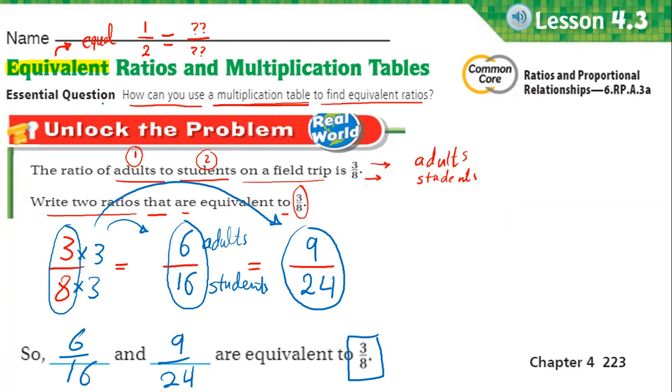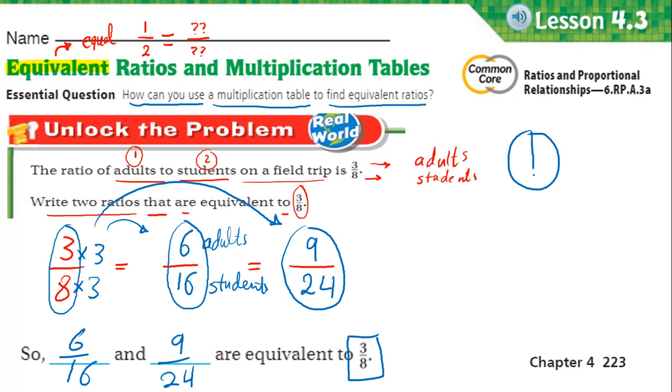In that lesson, what should we do? Read this question, please. How can you use the multiplication table to find equivalent ratios? Before you use the multiplication table, I would like to ask you about this.